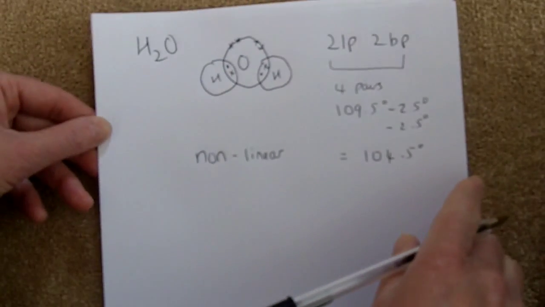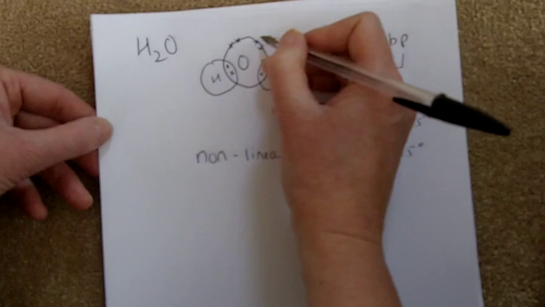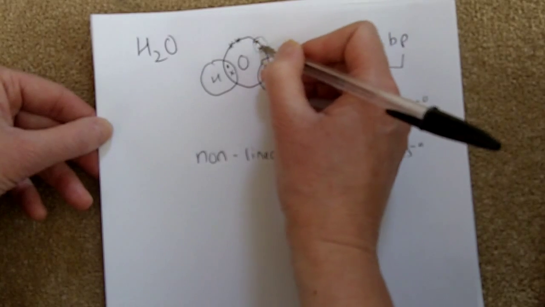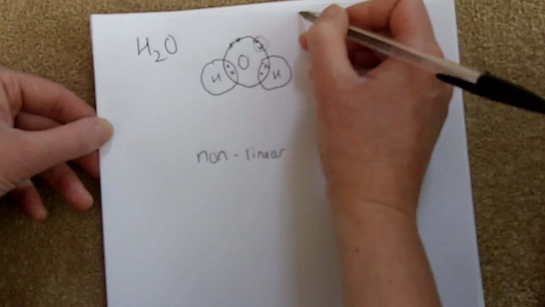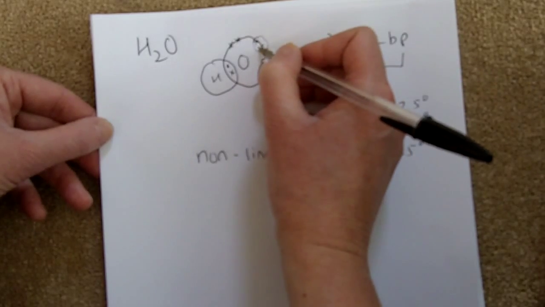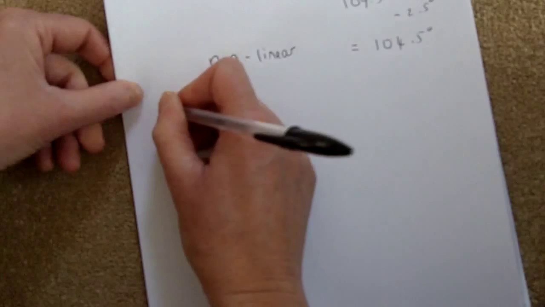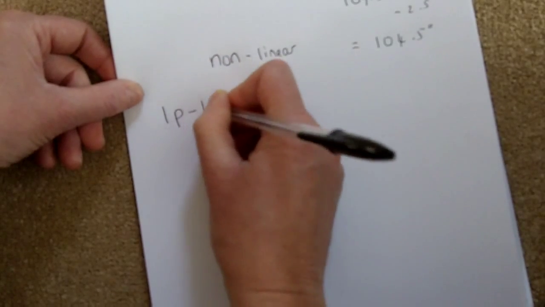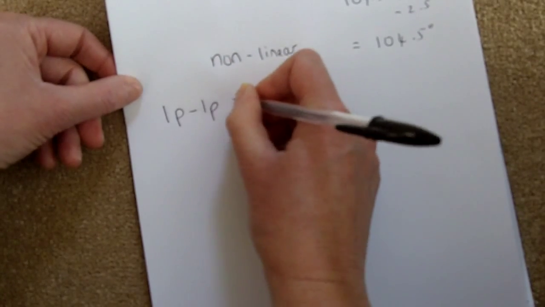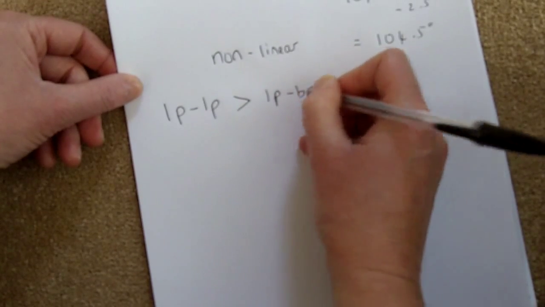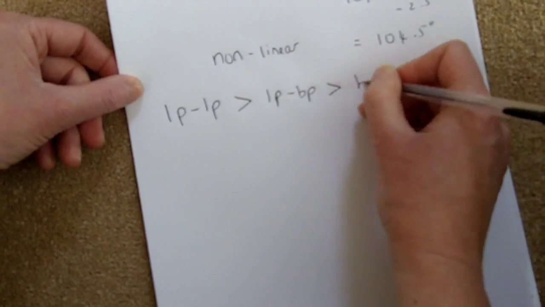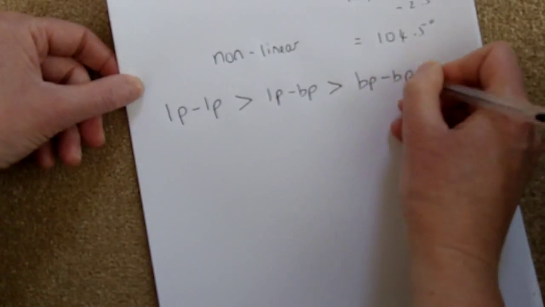Now all electron pairs repel, but lone pairs are held close to the nucleus, and they're not shared, they're not spread out, so they repel more. And so what we say is the repulsion between a lone pair and a lone pair is more than a repulsion between a lone pair and a bond pair, which is more than the repulsion between a bond pair and a bond pair.